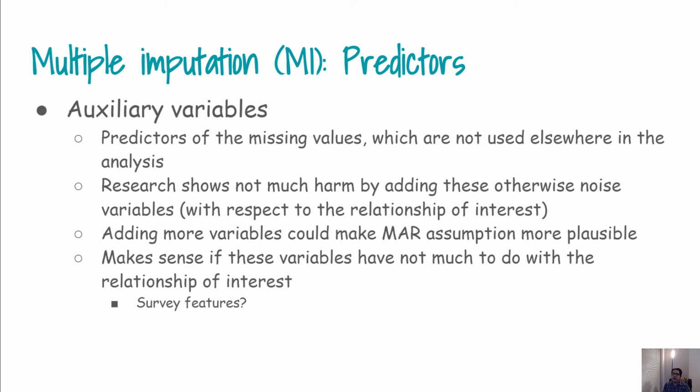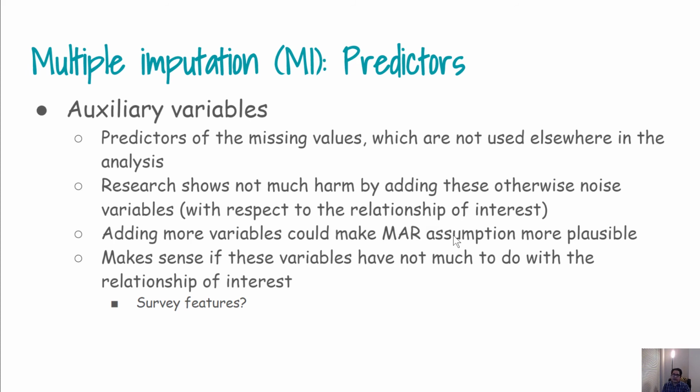And even though hypothetically we can think of the overfitting problems and things like that, research has shown that adding those additional variables might not do too much harm in your imputation process. Also, when you are adding more and more variables, you are only making your MAR assumption more plausible and stronger.